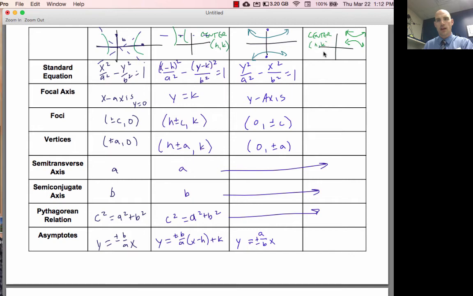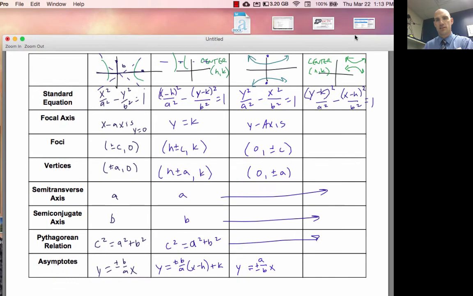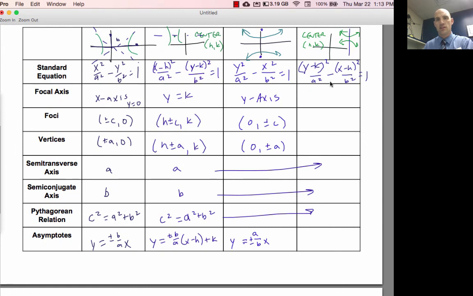is at h comma k, my standard equation changes in the way that you probably predicted it would change. y minus k squared over a squared minus x minus h squared over b squared equals 1. So now my focal axis, think about this for a second, is this one here.